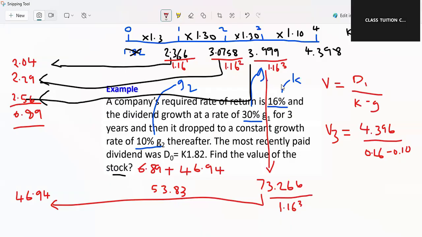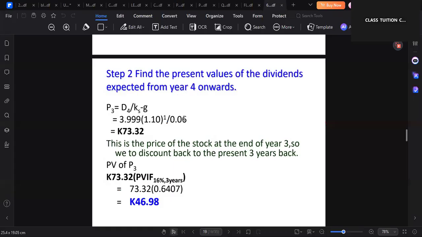This is how we found the 4.39 to start with. This is what we are going to call our D1, the top part here. Then divided by K minus G, 16% minus 10%, that's 6%. So this gave us 73.32.